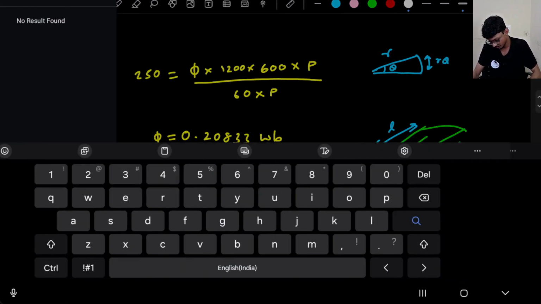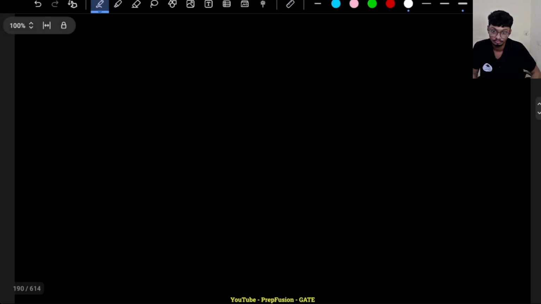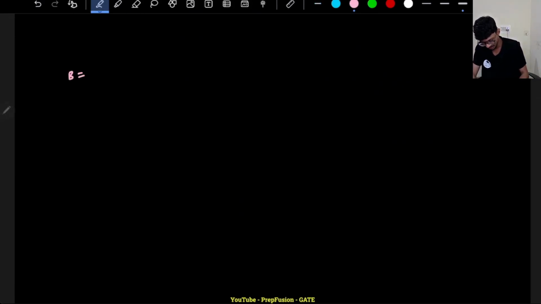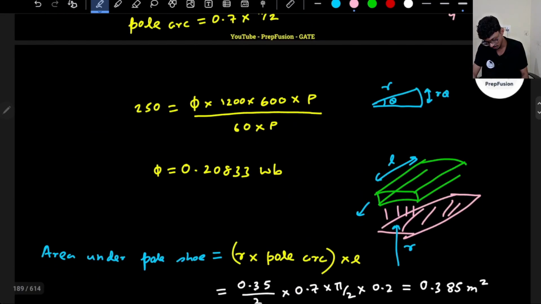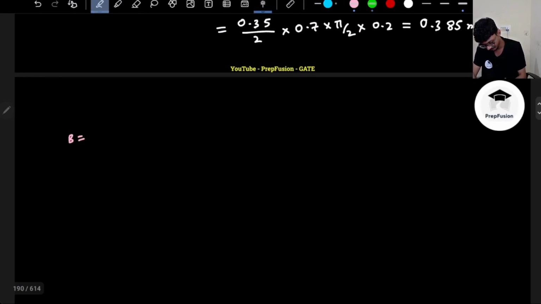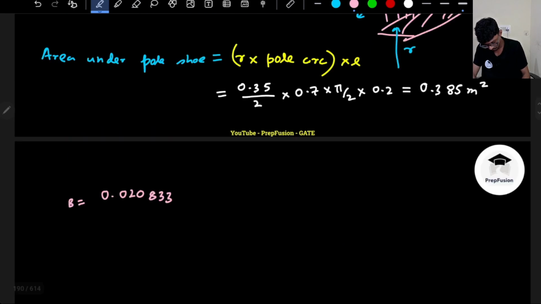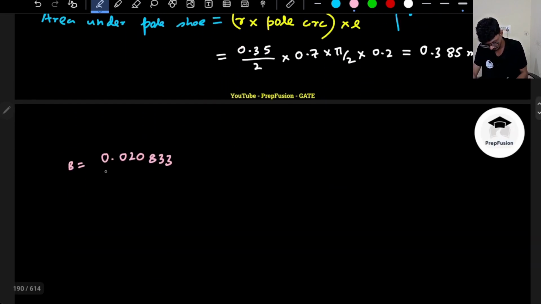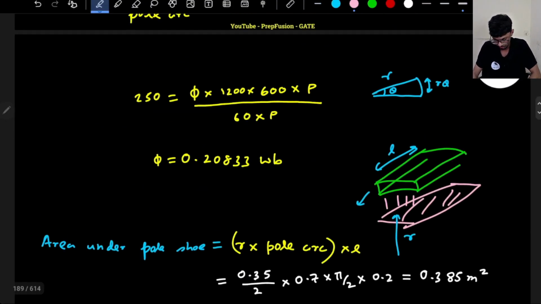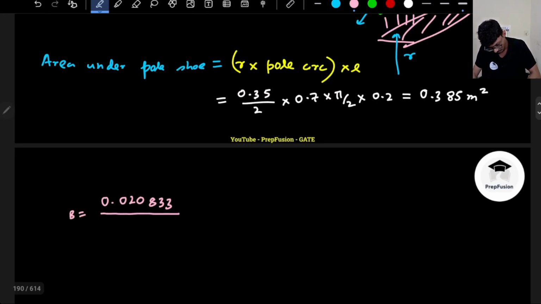Now I can easily find the flux density. Flux density will be basically flux per pole divided by the area covered by that pole. So 0.02833, 0.0208833, divided by the area, right?